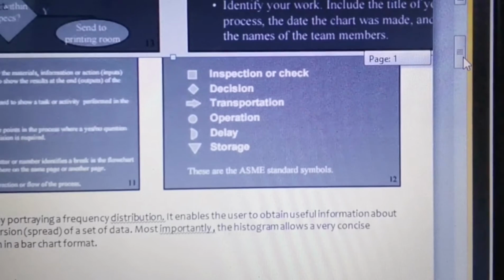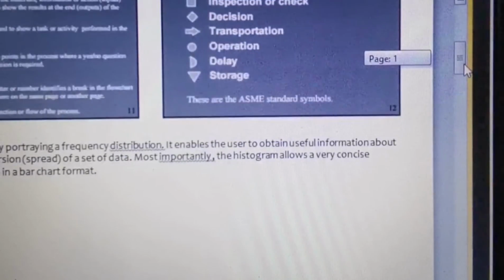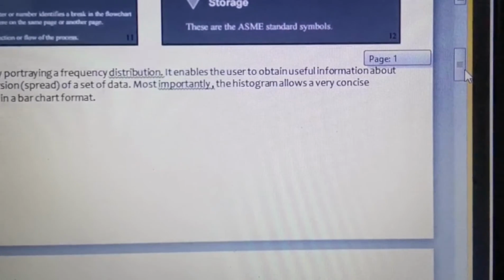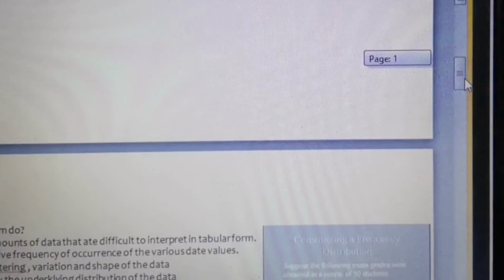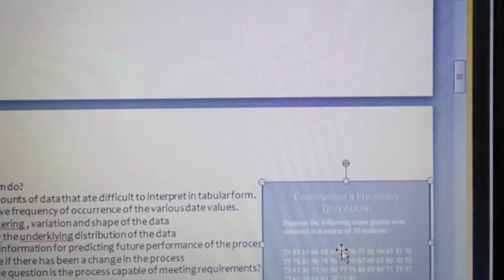A histogram is a bit difficult, but once you get used to making it, it would be very easy. So what does a histogram do? You should have a frequency distribution. Histograms are common in statistics. If you have taken statistics, then you can relate to this.